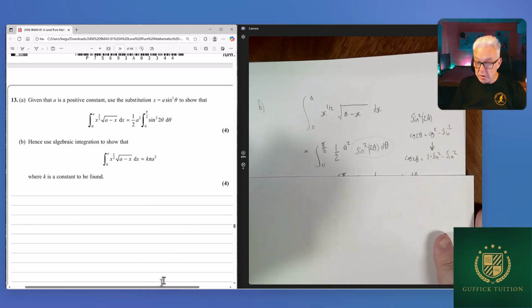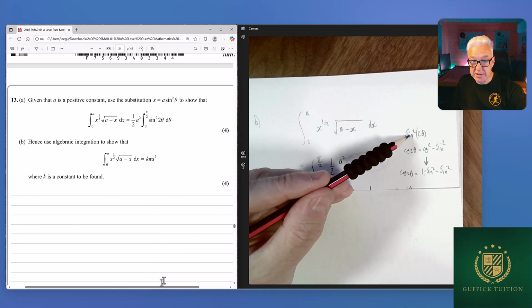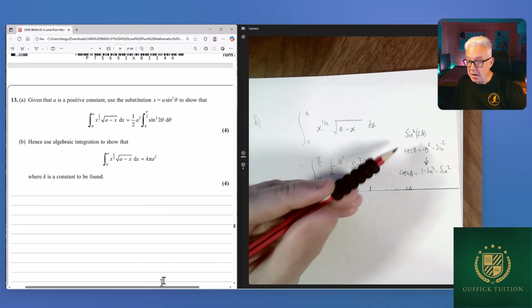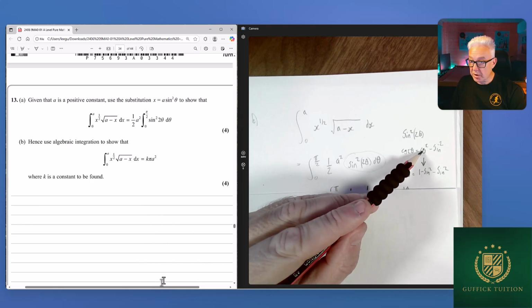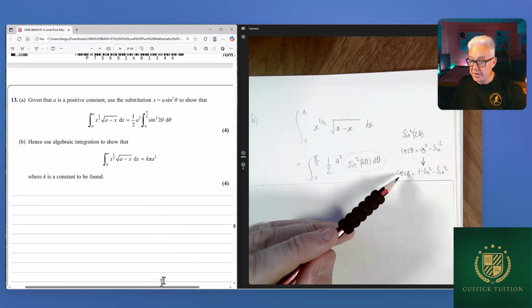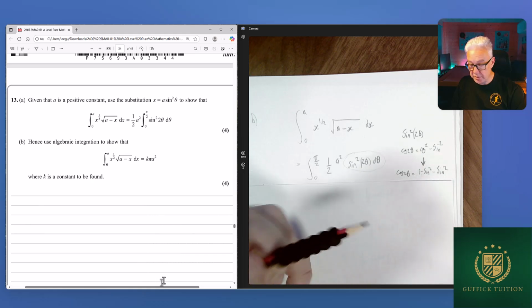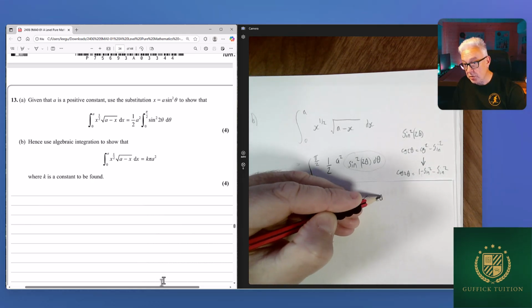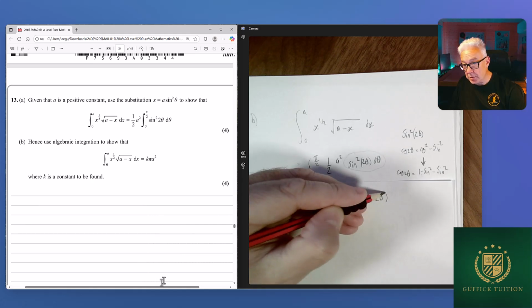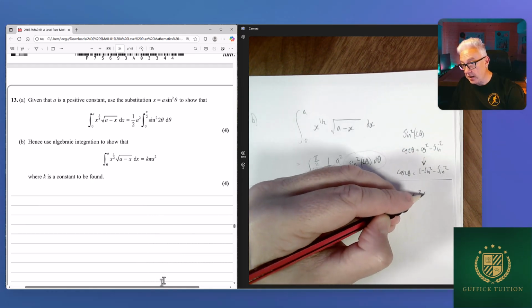At the moment, we're just finding out how on earth to change this sine squared 2 theta. We're saying that we need to use the identity cos 2 theta equals cos squared minus sine squared, and that cos 2 theta is 1 minus sine squared theta minus sine squared theta. So in other words, cos 2 theta is equal to 1 minus 2 lots of sine squared theta.